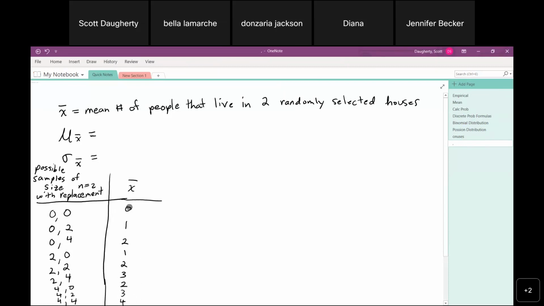Sometimes you're underestimating, like when you get a 0, and sometimes you're overestimating, when you get a 4. What we want to know is what happens on average. So what I'm going to do is add up these numbers, average them over the 9 possible samples, and see what it averages to. I'm going to call this the mean of the sample means.